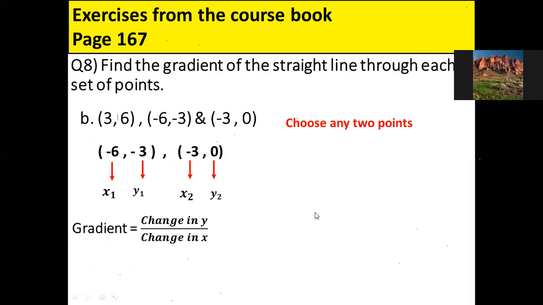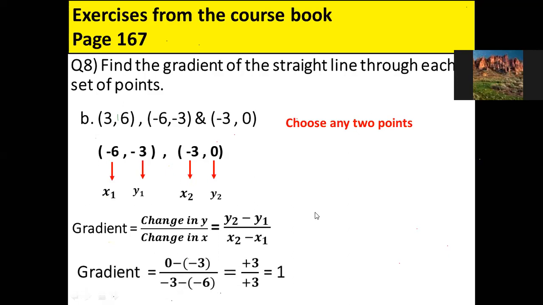So negative 3 divided by negative 3. Okay, let's see. It's the change in y, so it's 0 minus the negative 3. Negative 3 plus the 6, it's the same. 3 over 3. And that means the gradient is 1.